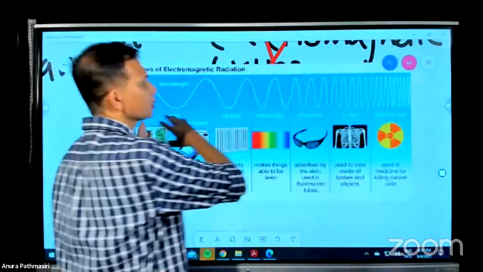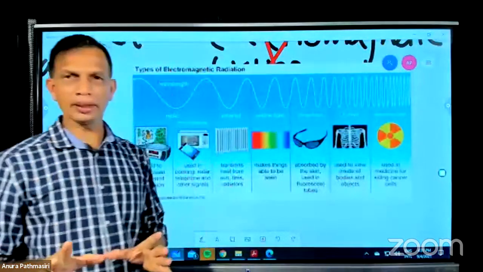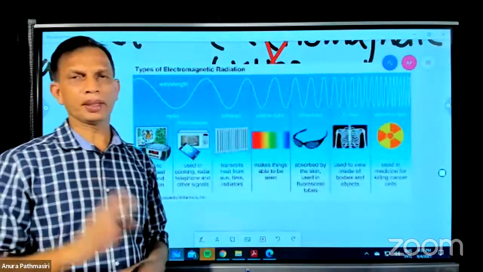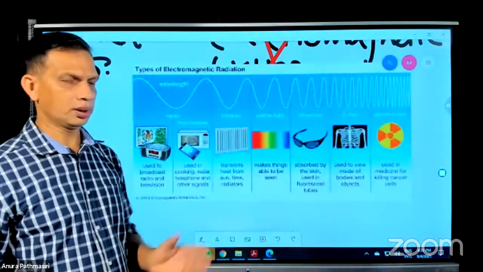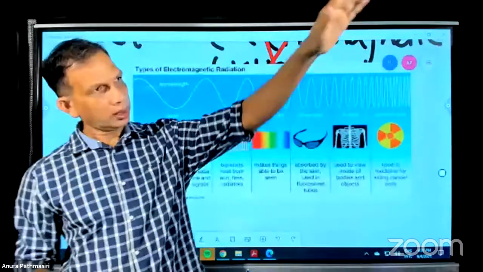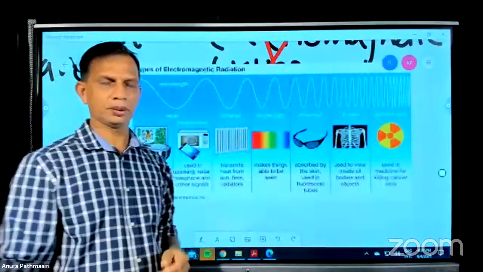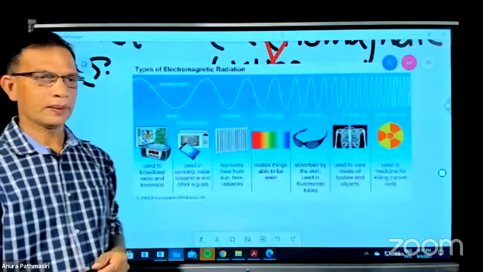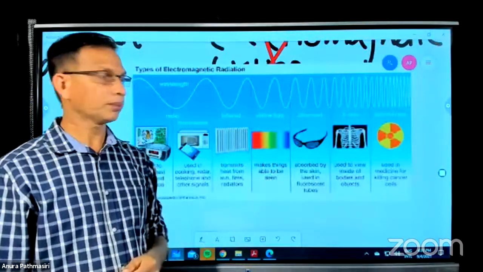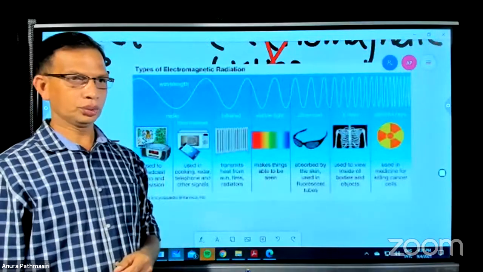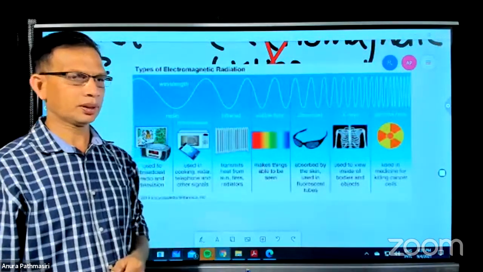So all these are categorized under electromagnetic waves because there is an electric field and there is a magnetic field that goes perpendicular to it. Again, electromagnetic waves have two fields. What are they?